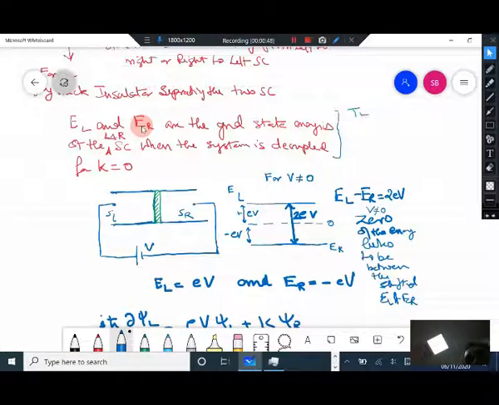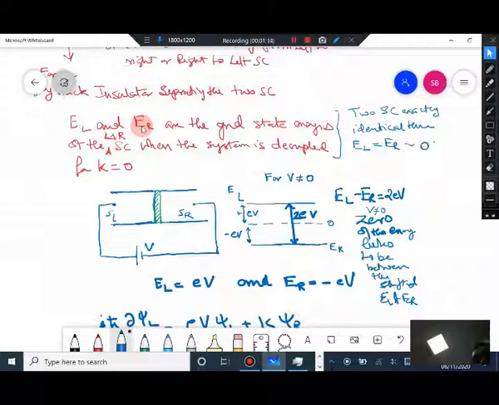If the two superconductors are exactly identical, then E_L is equal to E_R. We consider that the energy levels in the decoupled state are exactly identical. The ground state energies are identical. It is natural to be so. Now let us say that we take this as the zero level. This is the zero energy level.